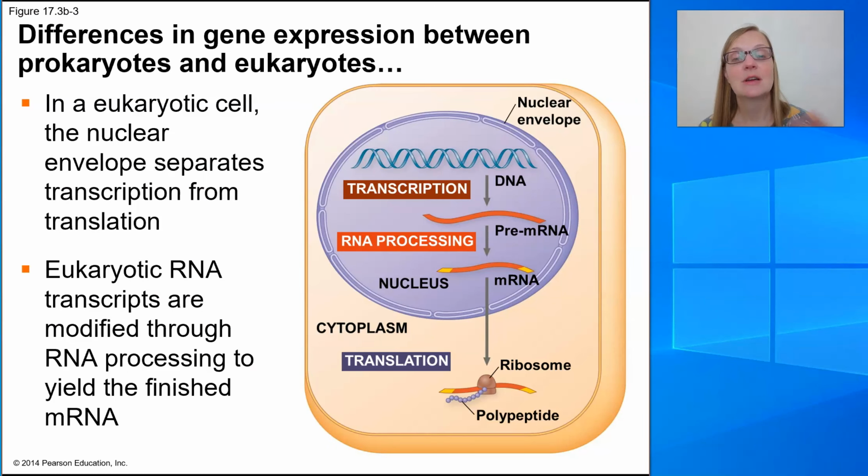In eukaryotes, it's a little bit more complicated, and it's complicated because the processes of transcription and translation are spatially separated. In our cells, we have organelles, and so that means we have this compartmentalization on the inside of our cells. The DNA is located inside of the nucleus, and it cannot leave the nucleus, whereas the ribosomes are outside in the cytoplasm, and they can't enter the nucleus.